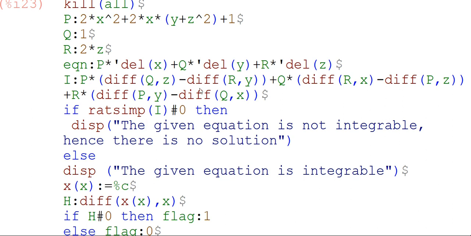This I, whatever we have written, is nothing but the condition of integrability.